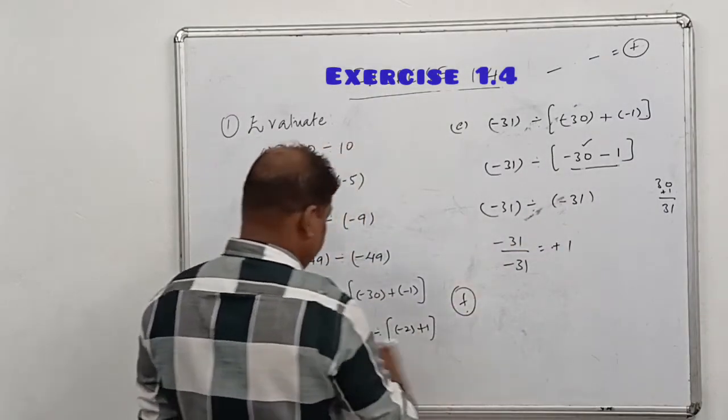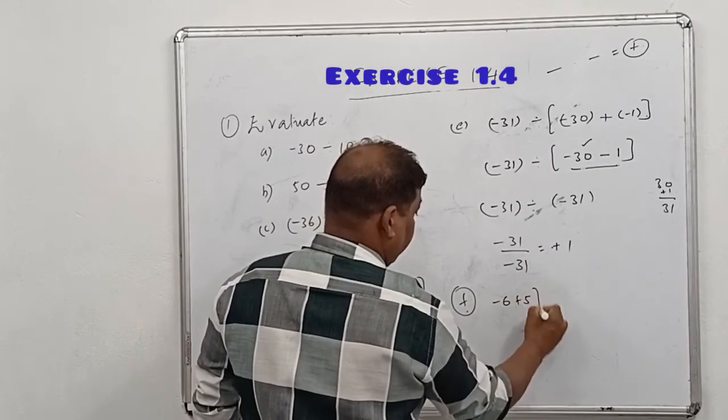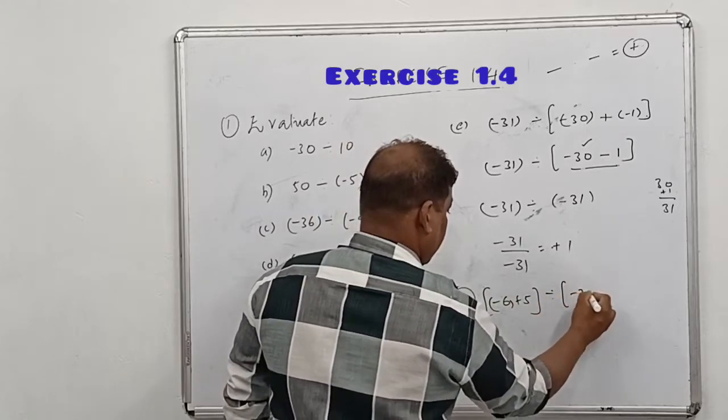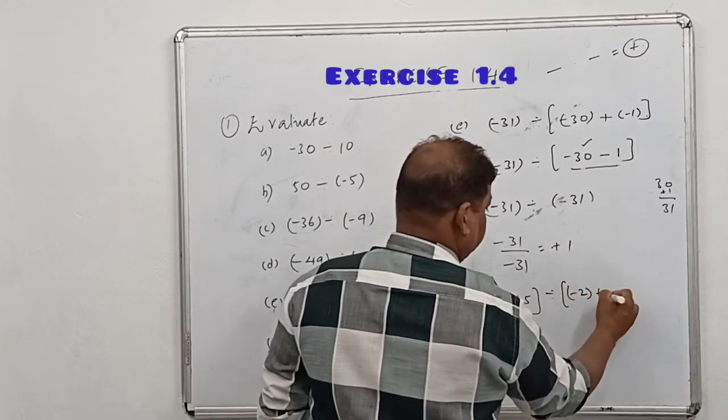F part, minus 6 plus 5 upon minus 2 plus 1.